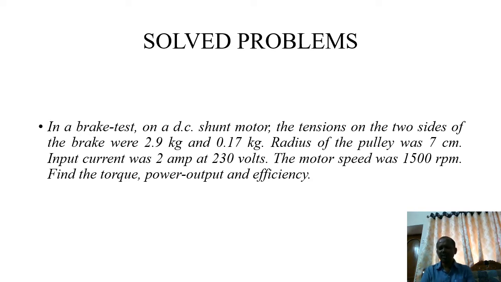Radius of the pulley was 7 centimeters. Input current was 2 amps at 230 volts. The motor speed was 1500 rpm. Find the torque, power output, and efficiency.